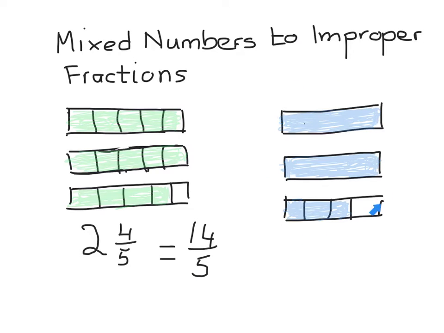If we look at this picture here, this represents 2 whole bars, and then you have not fifths this time. The bar has been divided into 1, 2, 3, 4 equal parts. Please excuse the fact they're not exactly equal, they should be. So I have 2 whole bars and 3 out of 4 equal parts.